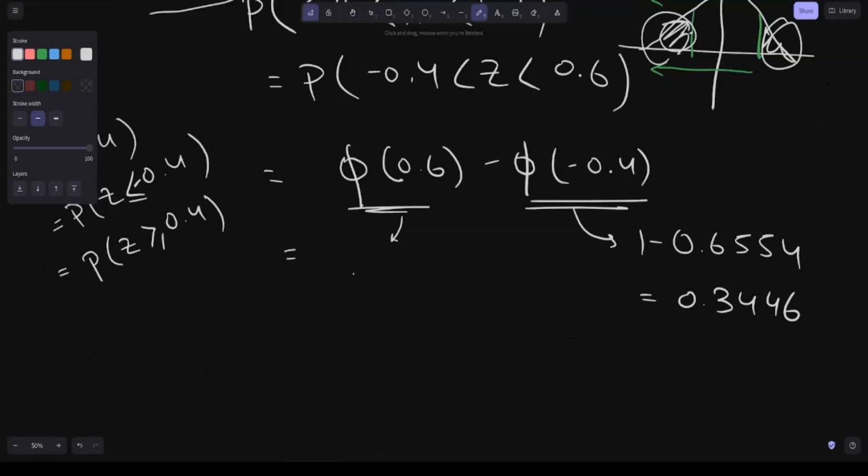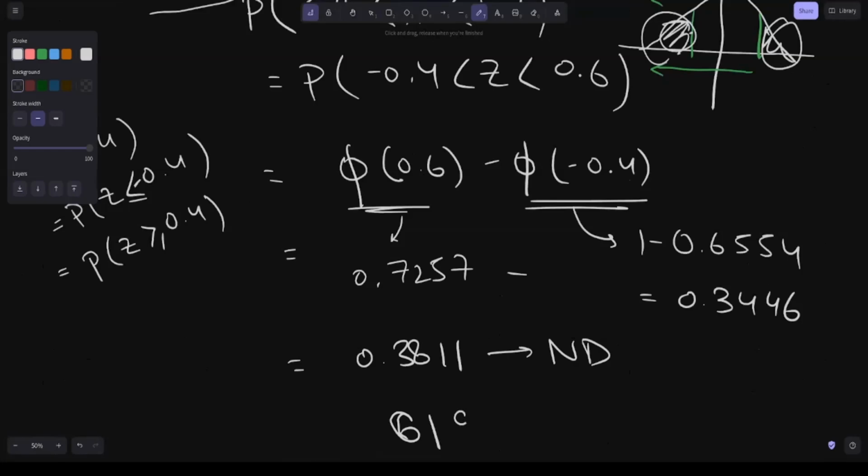So this is 0.7257 minus this, so this comes out to be 0.3811. So this is non-defective, so defective would be 61.89, right? 62% are the defective bolts.